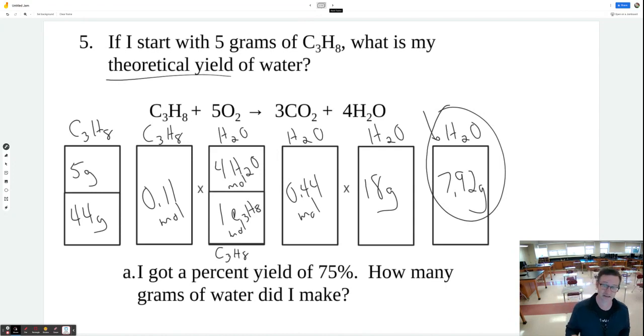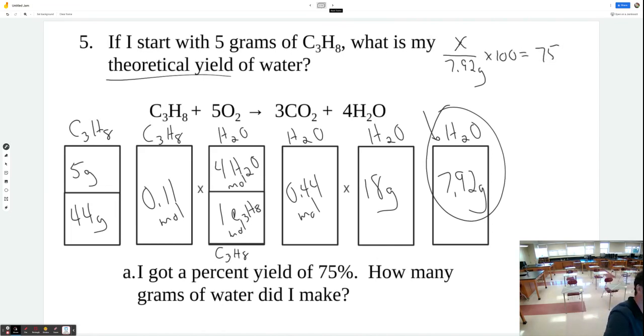Now the question doesn't ask us what the percent yield is, given an actual amount. It says, if my percent is 75, what was my actual yield? So we can set this up. Since actual divided by theoretical times 100 equals percent, we can just plug in, and we are going to solve in this case for the x.